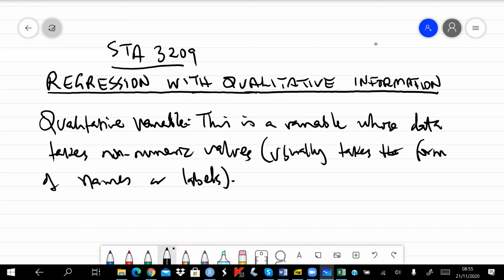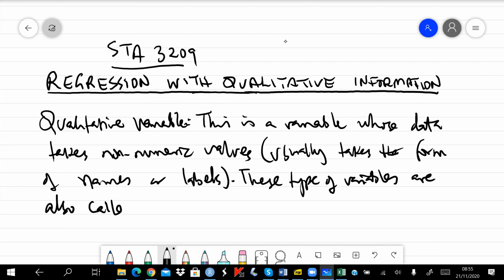Okay, so this type of variables are also called categorical variables.